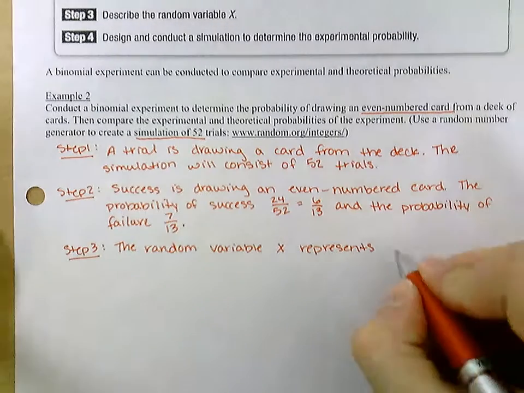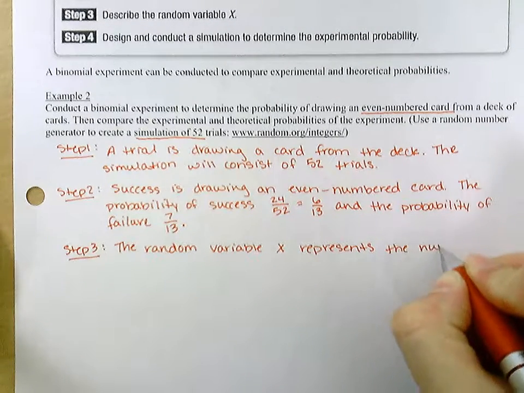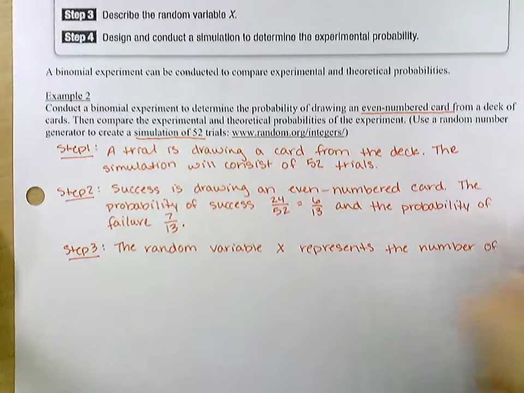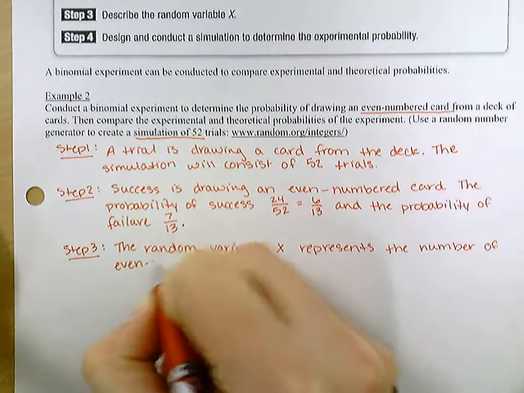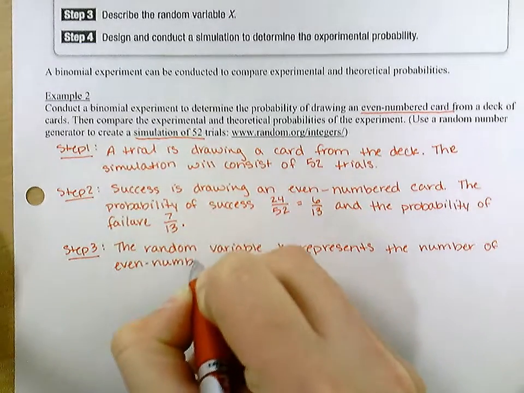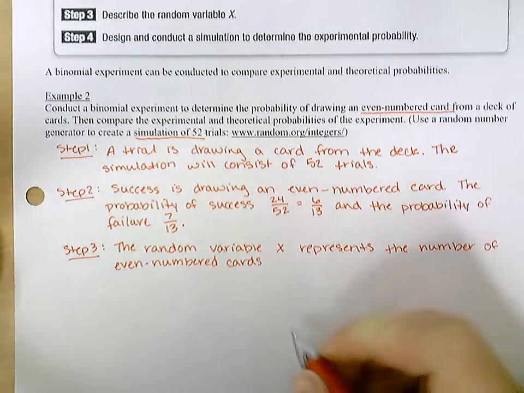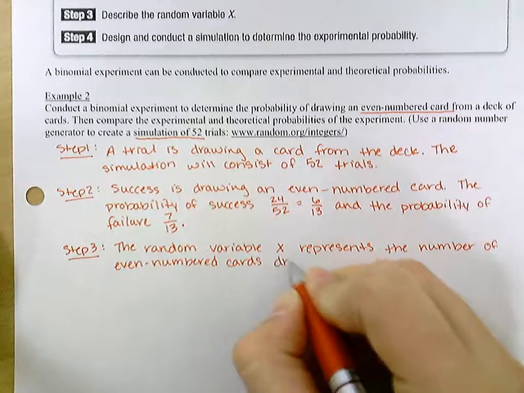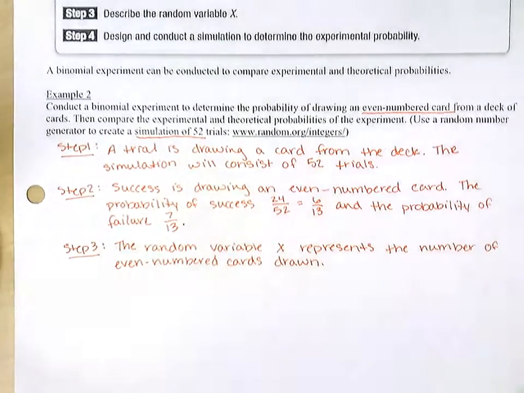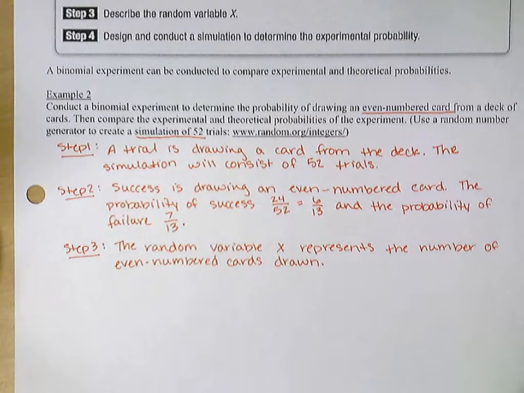So the number of even numbered cards drawn. Your random variable x represents the number of even cards that you drew. Okay, so that was step 3.